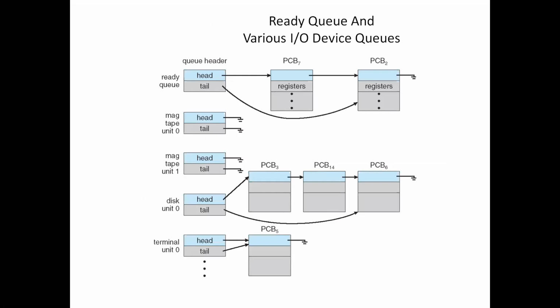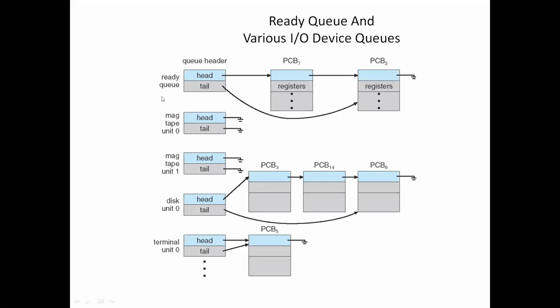You can see here the ready queue will look like this. This is the ready queue. It is like our linked list format. It has a header and a tail, and the head points to the first PCB, and the tail points to the final PCB.